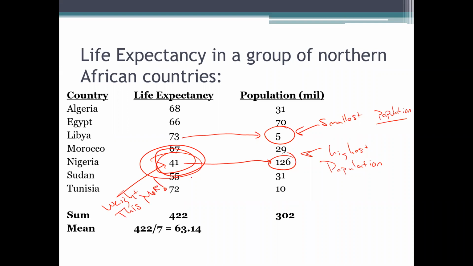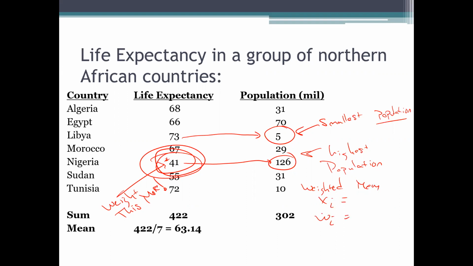Now what you don't want to do is say, well, we'll weight this one as a 1, we'll weight this one as a 2, whatever. You don't do that. You've got to pick some other variable to weight it by. So for a weighted mean, you need 2 variables. You need x sub i and you need w sub i.